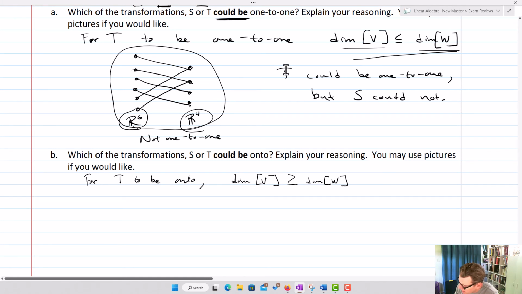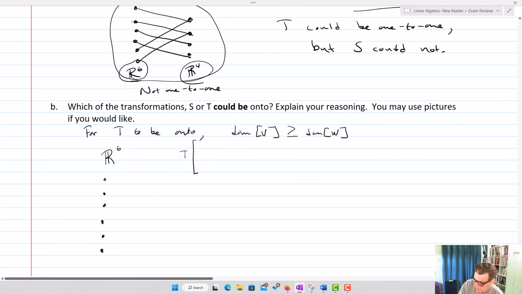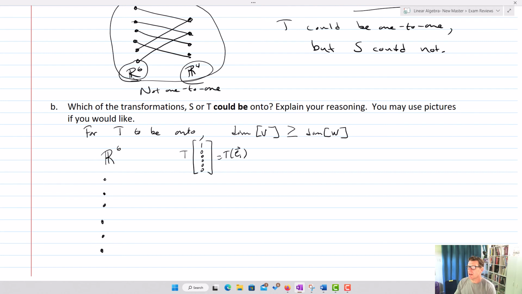And so if you think about it, here's the reason why. We've got a 6-dimensional space, R6, and 1, 2, 3, 4, 5, 6. Let's imagine those are all the dimensions. Essentially, T of 1, 0, 0, 0, 0, 0, T of E1 has to go to something, T of E2 has to go to something, T of E3 has to go to something, T of E4 has to go to something.